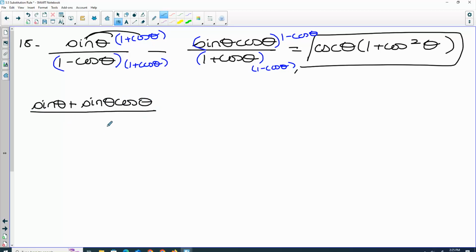What do we do on the bottom? If you FOIL those, you get 1 minus cosine squared. Minus, over here I have to distribute sine cosine. So sine theta cosine theta times 1, just sine theta cosine theta. Minus sine theta cosine theta times cosine.